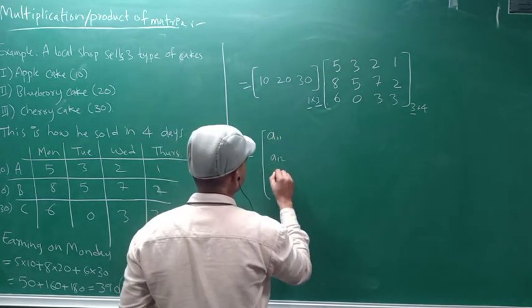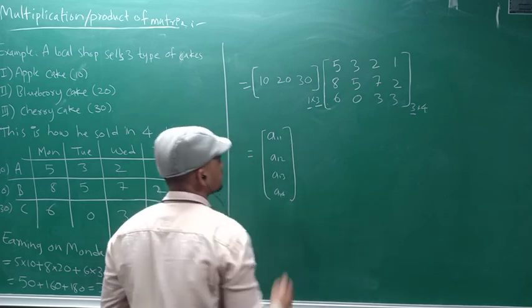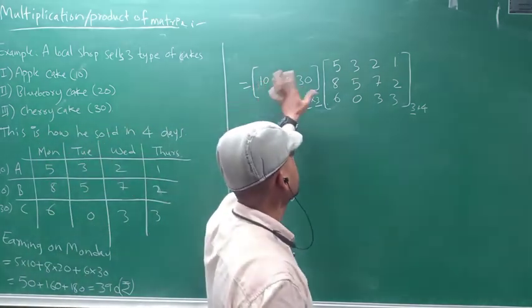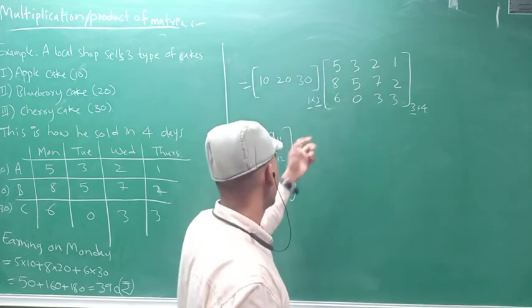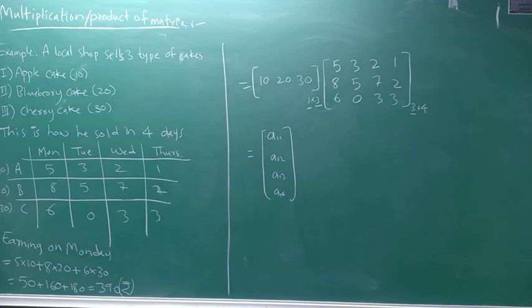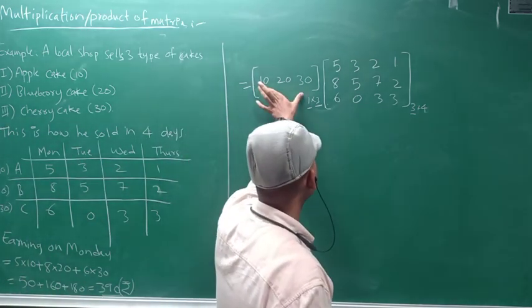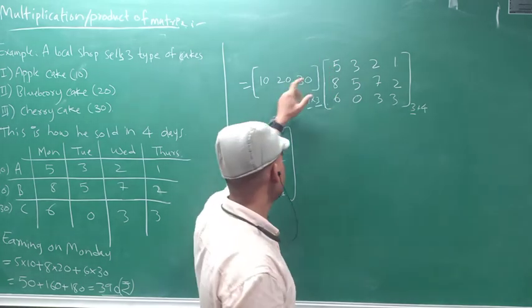So here I will get a matrix A11, A12, A13, and A14. The first element will be, if I multiply the list of prices with the number of cakes on Monday, I get Monday's earning.